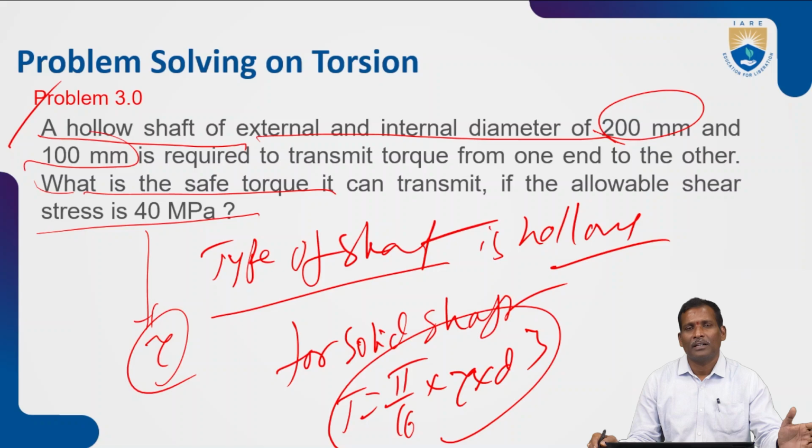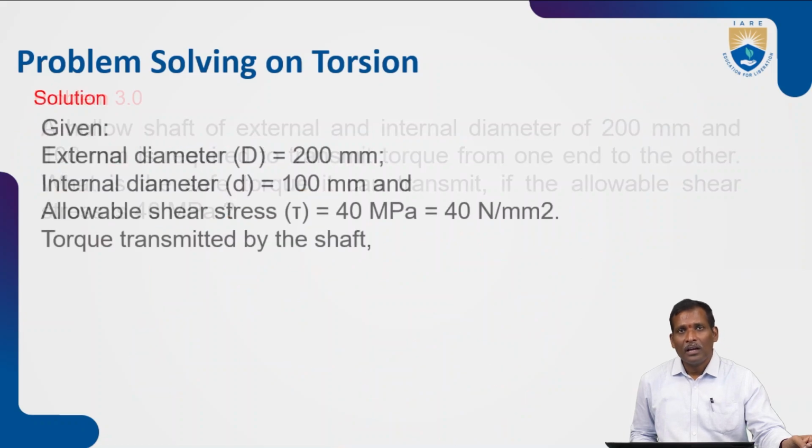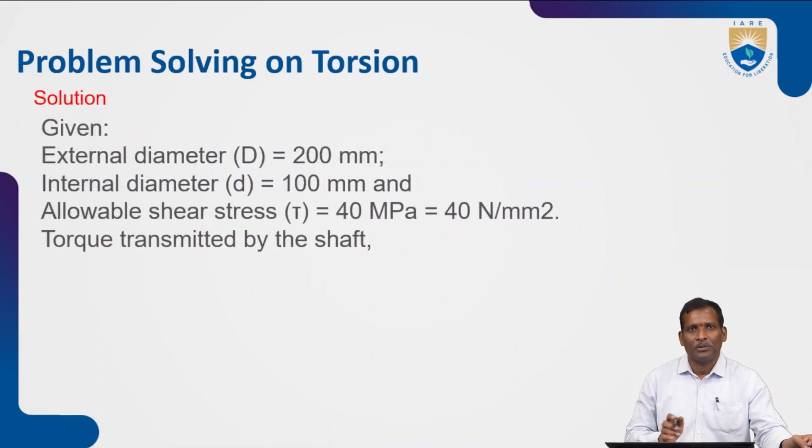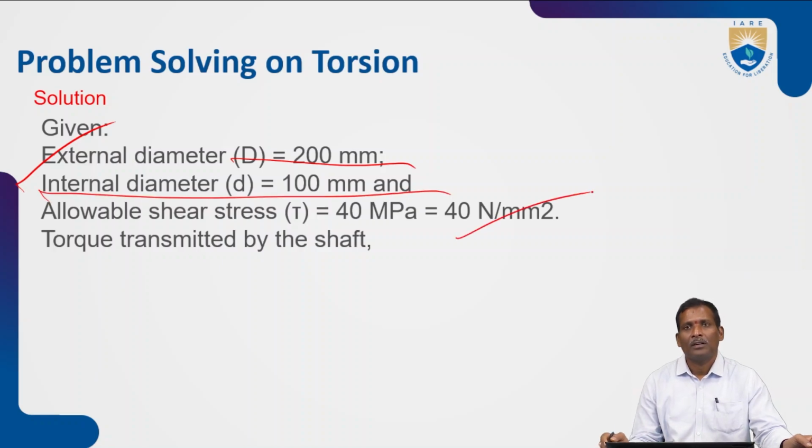Because the given shaft is hollow. So use another empirical relation. I will show you this. The external diameter is 200 mm, the internal diameter is 100 mm, and the allowable shear stress is 40 megapascal.